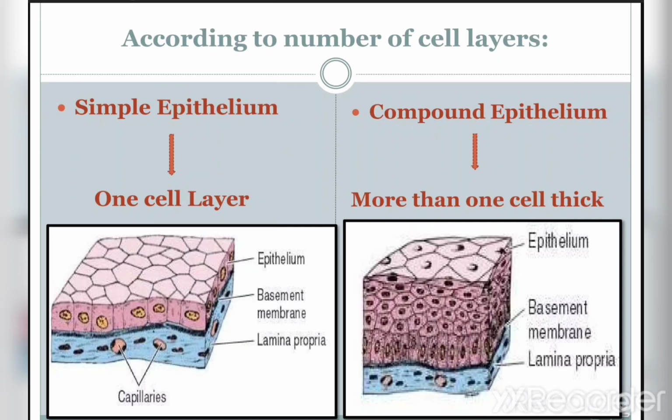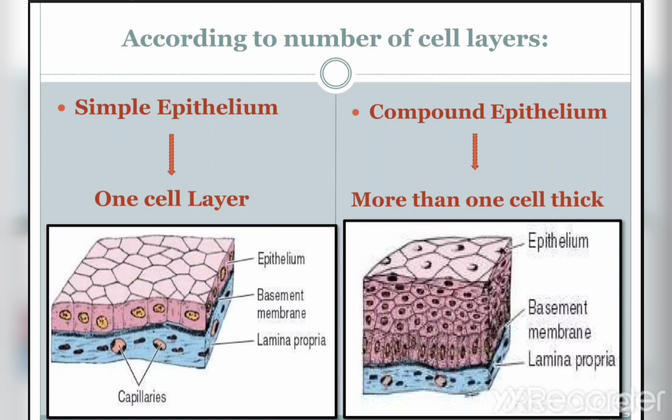Regarding the simple one, the one cell layer is called simple epithelium. The term simple epithelium means you have a single layer of epithelial cells, a single sheet of epithelial cells, which is resting on a basal lamina, and underlying it is the connective tissue.